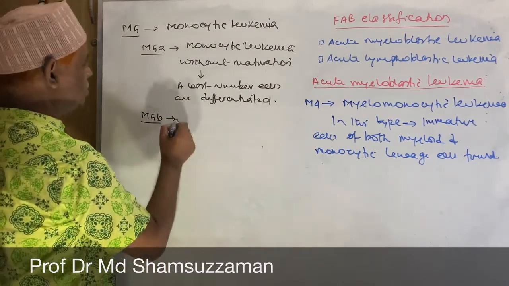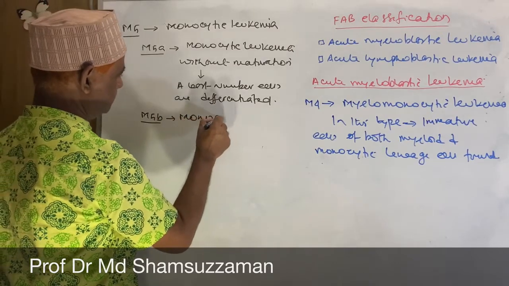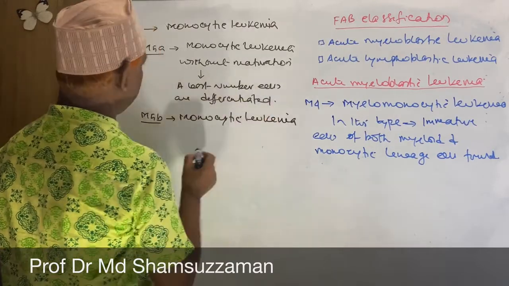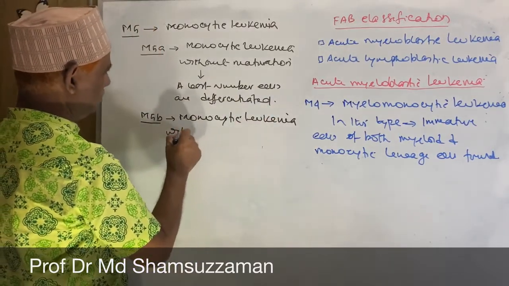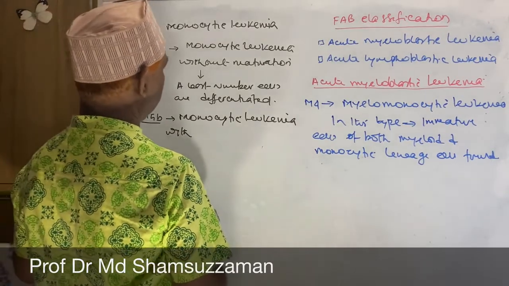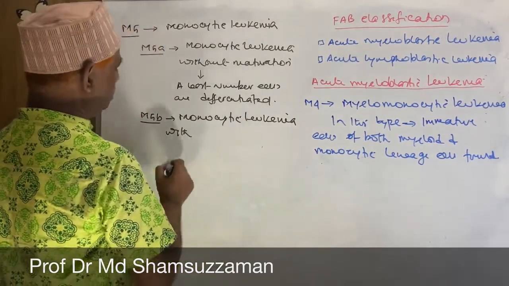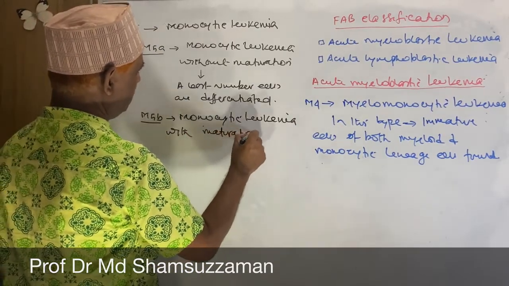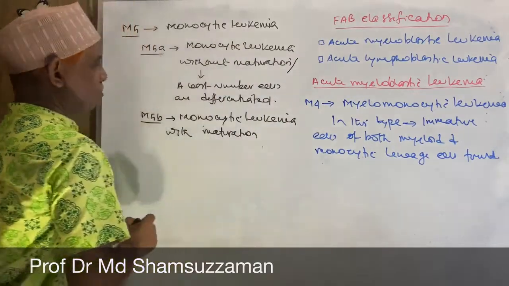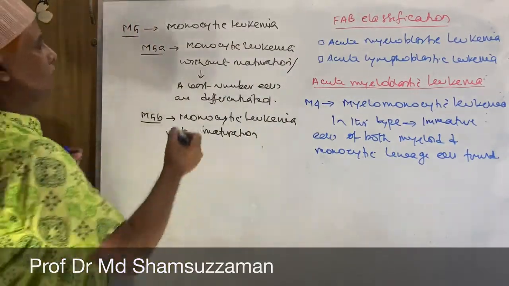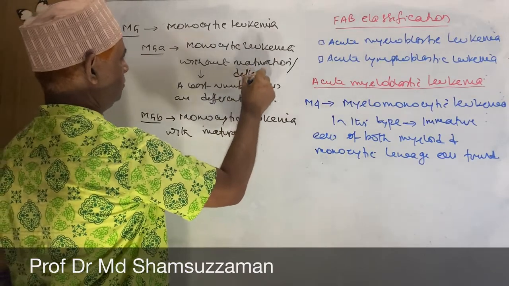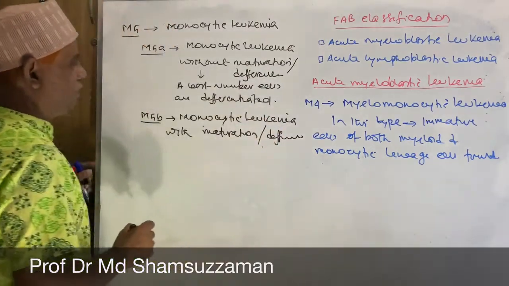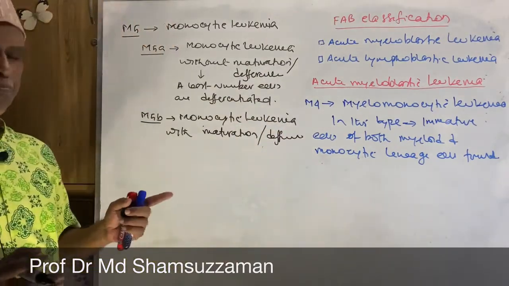M5B is called monocytic leukemia with maturation or with differentiation. So monocytic leukemia with differentiation or with maturation.